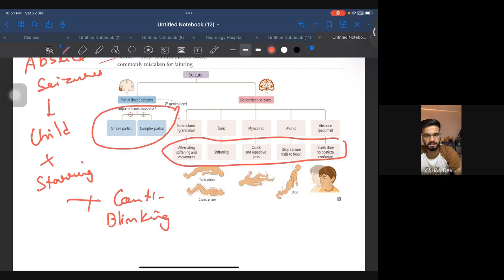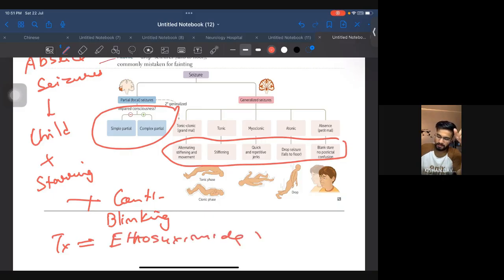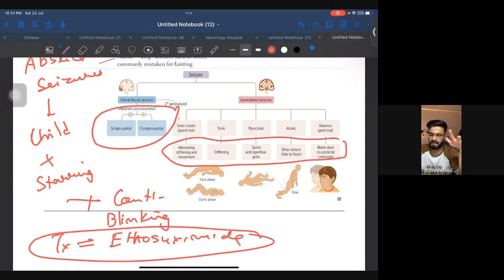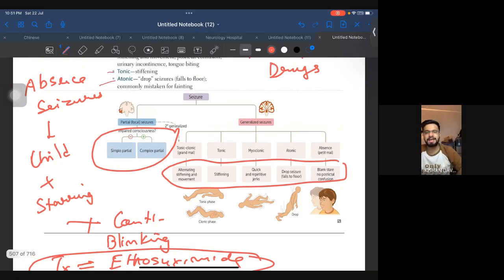That is absence seizures, and the treatment for absence seizures is ethosuximide. Just remember this information so that while doing seizures you keep this at the back of your mind. Even in anti-epileptic medications, they actually give the myoclonic seizure, the tonic-clonic seizure, the absence seizure, they definitely give. So that's why we don't need to waste our time on seizures. छोड़ दो seizures का part, step 1 के point में नहीं आएगा. All right.